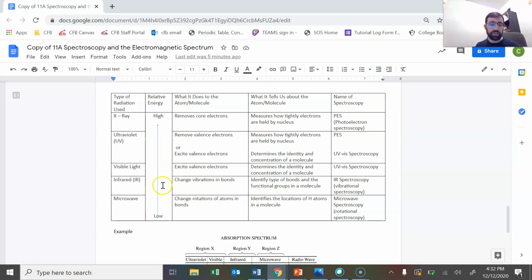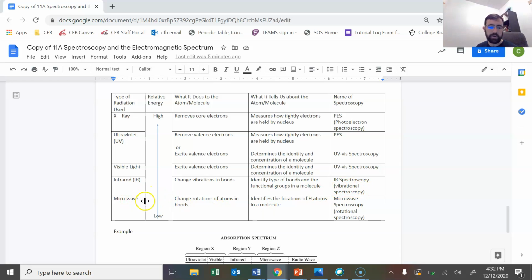So if we are doing that by exposing it to infrared radiation, it makes sense that we would be able to tell just how long and how strong the bond is by how much vibration occurs when we subject it to infrared radiation. This is called infrared spectroscopy or IR spectroscopy, and sometimes we call it vibrational spectroscopy.